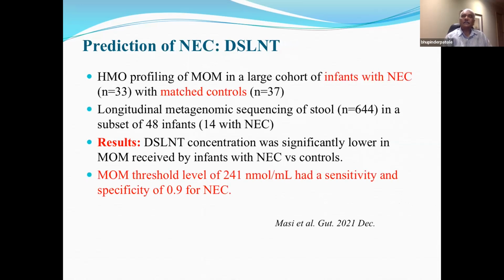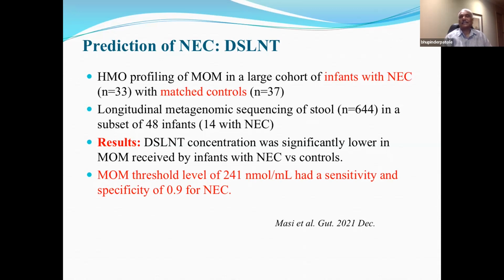This is basically something quite important for us because so far the search for biomarkers for detecting necrotizing enterocolitis has not succeeded at any level at all. So this is where they profiled the human milk oligosaccharide content or composition of mother's own milk in a large cohort of preterm infants with necrotizing enterocolitis, with matched controls who did not have the illness. They did a longitudinal metagenomic sequencing of the stool, and what they found was that the concentration of DSLNT, I would not spell it out completely, but what it means is disialyllacto-N-tetraose.